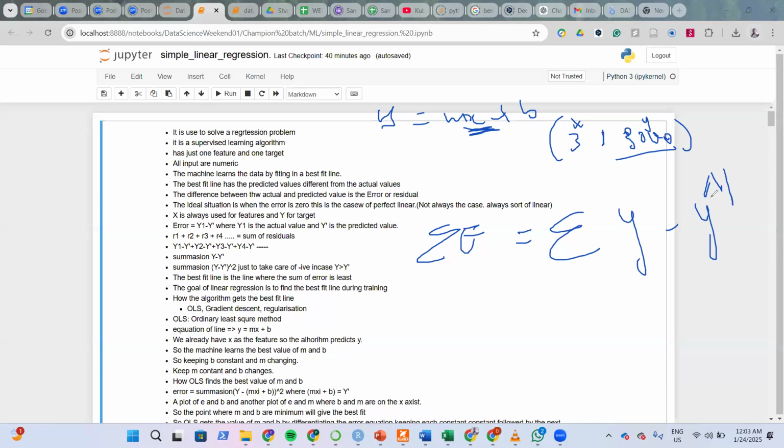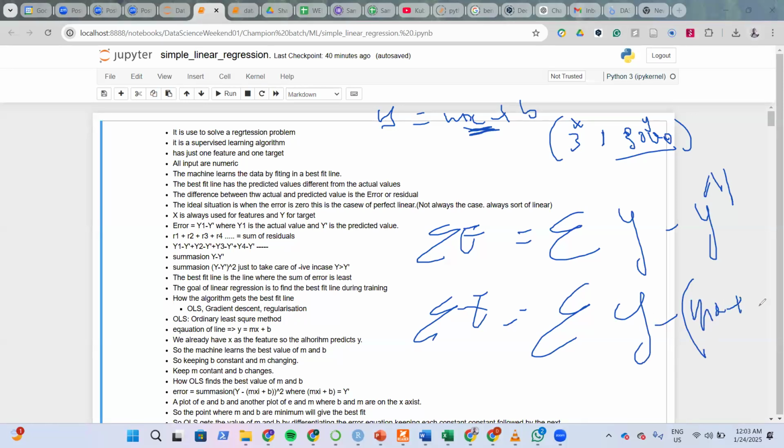Then the sum of error is equal to the sum of y minus (mx plus b). So we are just replacing.